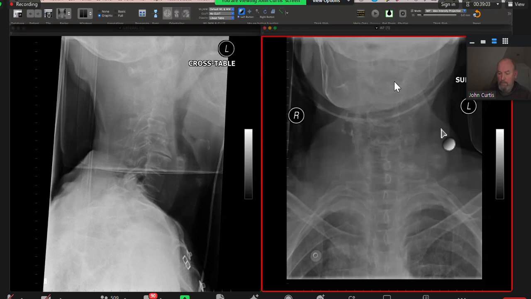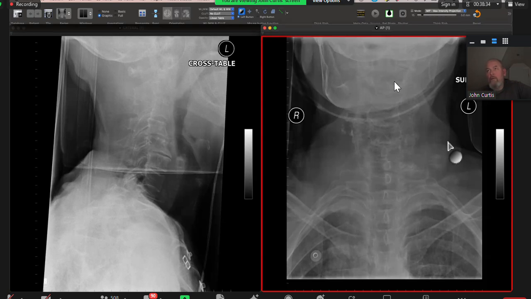Yeah, I will look for any evidence of fracture in the posterior elements. I cannot see any. In fact, there's no fracture. I can see enlargement of the soft tissue surrounding the neck, seen here and here.